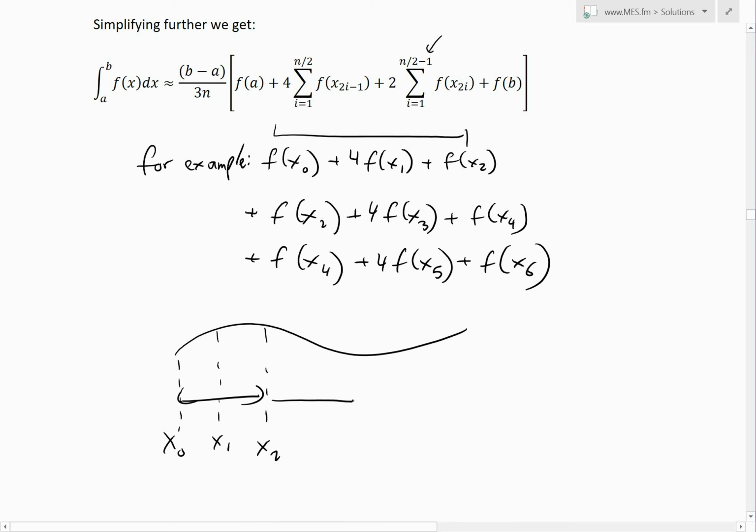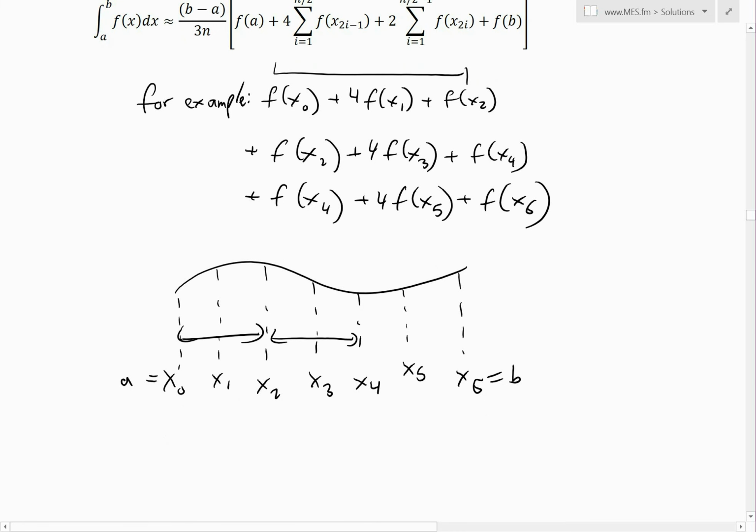There's always this x2 there again, then x3, x4, x5, and the last one x6, where x6 equals our b and x0 equals our a. And this is the last pair right here.